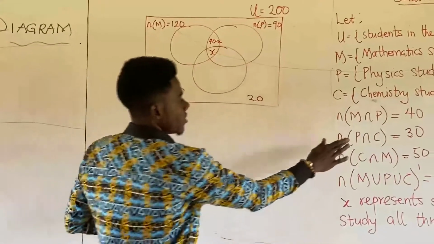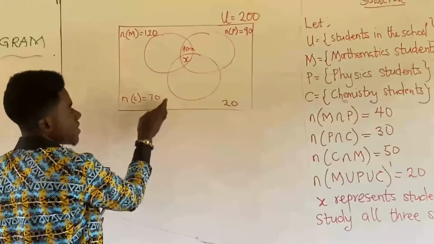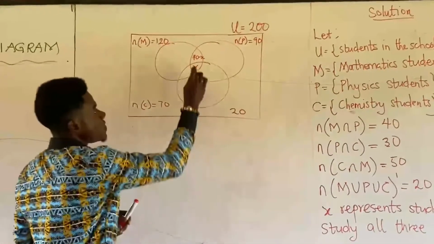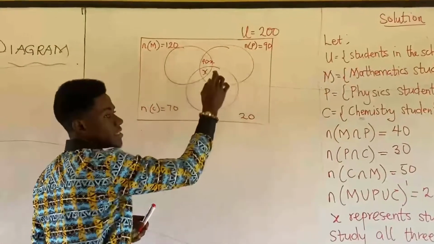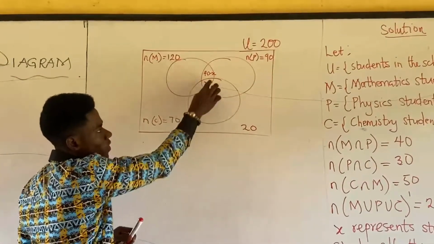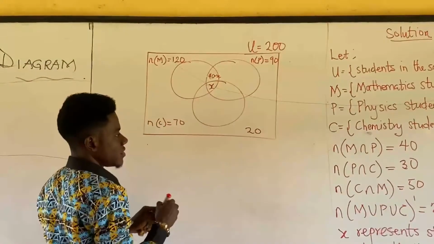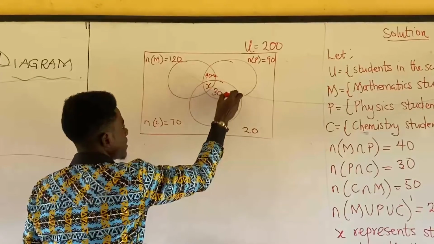Okay, physics intersection chemistry is giving us 30. So it means that the whole of this portion should give us 30. So if you are having part of it truncated off as x, if you want to find the remaining portion, then that one will be 30 minus x.